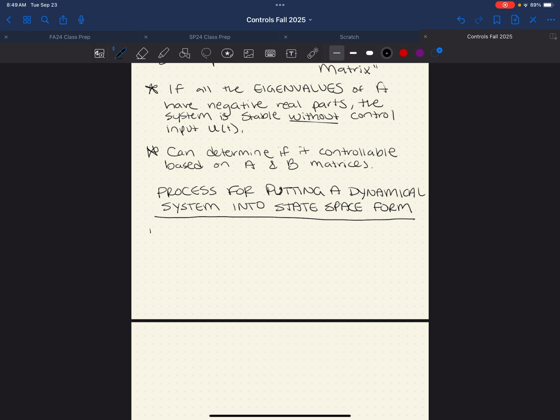So first of all, we still need this system to be LTI. So first we need to check if the system is LTI.